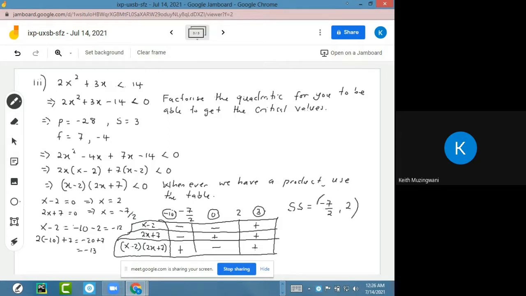So close there like that, not including any. We don't include them because it is strictly less. So you will see when it is necessary to include something.